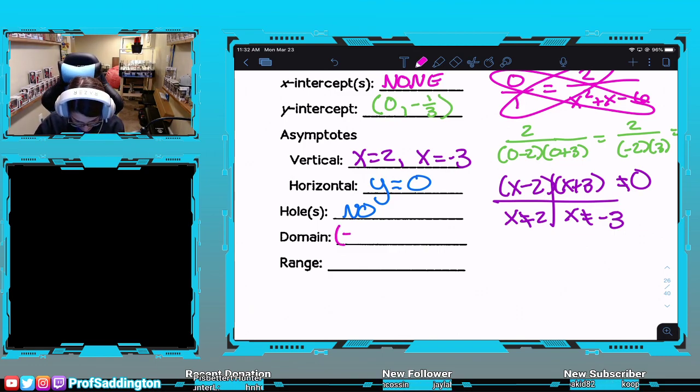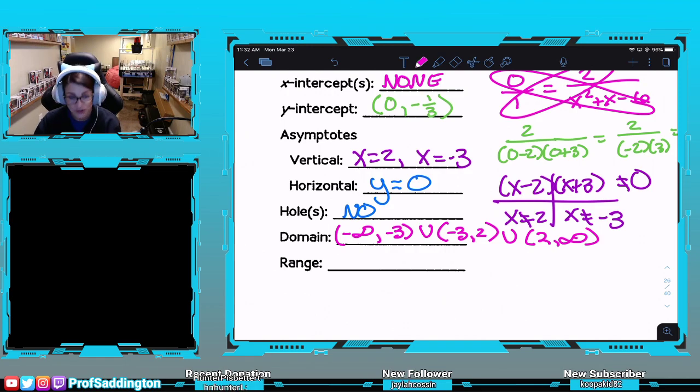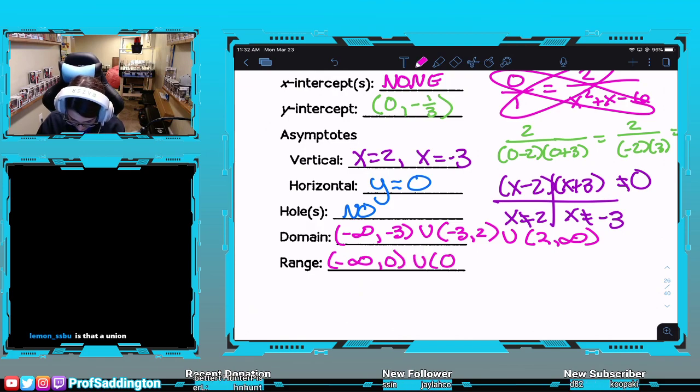So we're going to go from negative infinity to negative 3, non-inclusive, from negative 3 to 2, and from 2 to infinity. For the range, we're going to use our horizontal asymptote, which we see is 0, so that's going to be negative infinity to 0, and then from 0 to infinity.